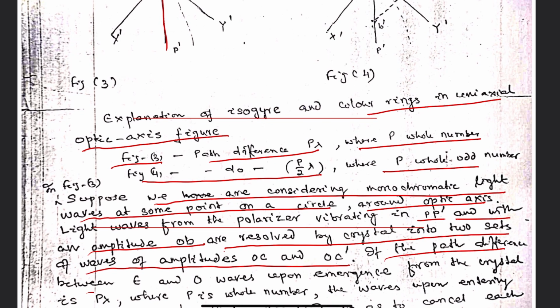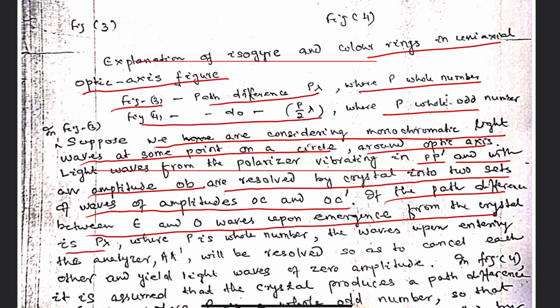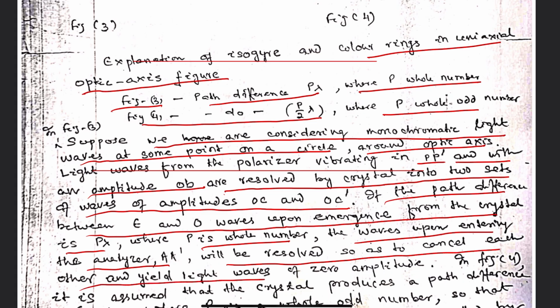If the path difference between E ray and O waves upon emergence from the crystal is P lambda, where P is the whole number, the waves upon entering the analyzer A dash will be resolved so as to cancel each other and yield light waves of zero amplitude.